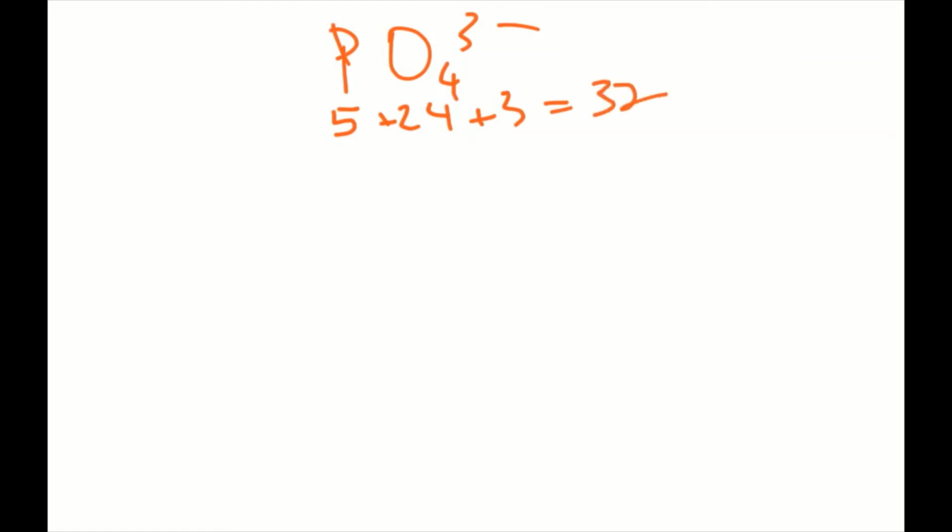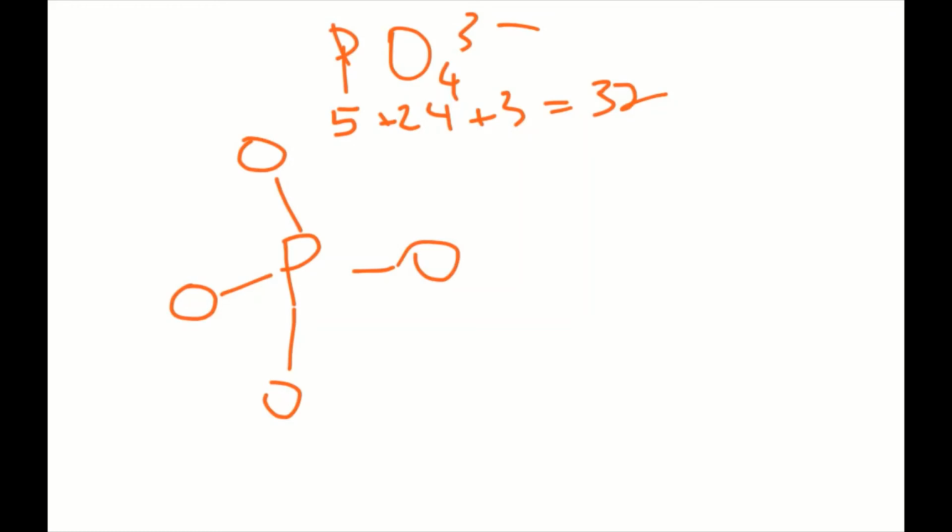So how do we go about drawing this? Well, what I like to try first is put the first element in the middle and put the oxygens around it. And notice how phosphorus only wants 3 valence electrons because it has 5 valence electrons. But if you remember, Rule 4 stated that elements that are in period 3 or higher can do an extended octet.